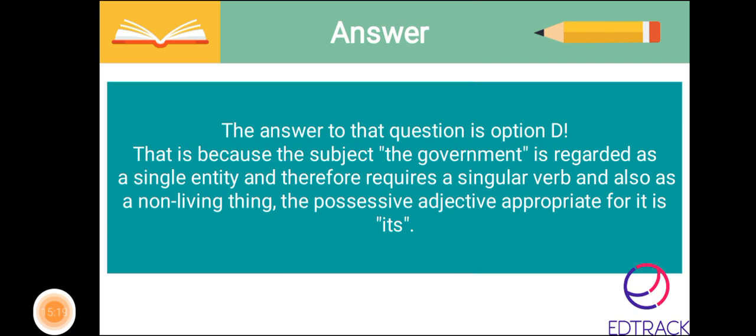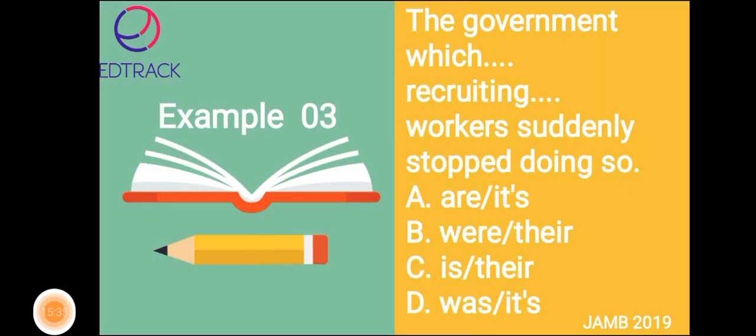All right, so government being regarded as a singular noun takes the singular verb, and that also makes it take the singular possessive adjective. So our answer is option D. Let us try and fix the two words into the gaps we have here and see whether it makes sense.